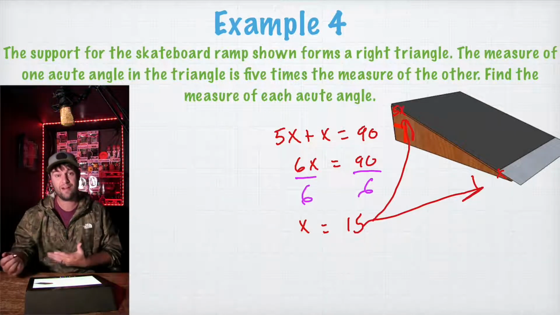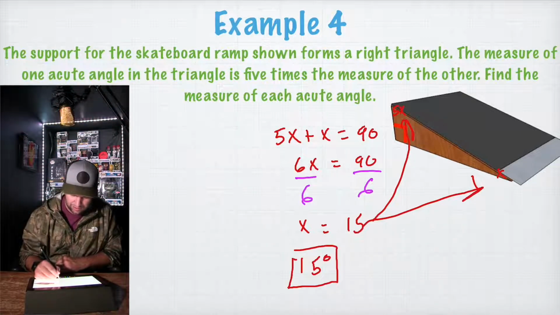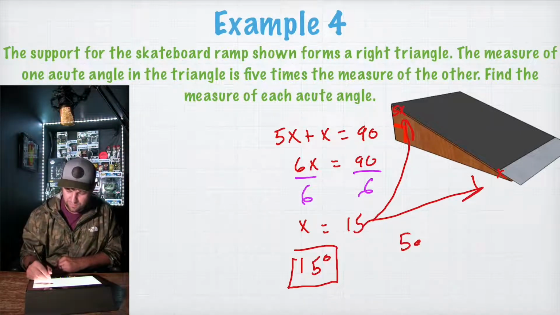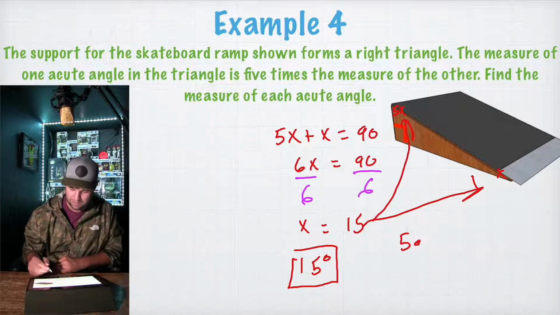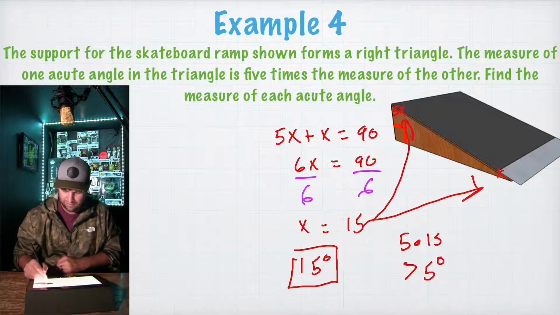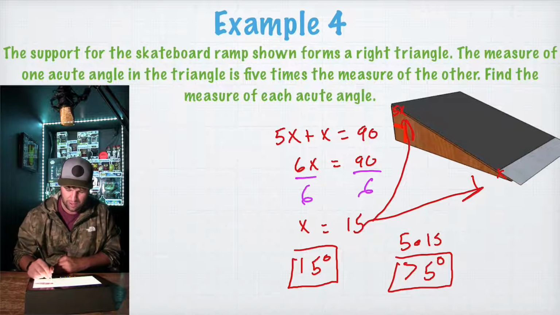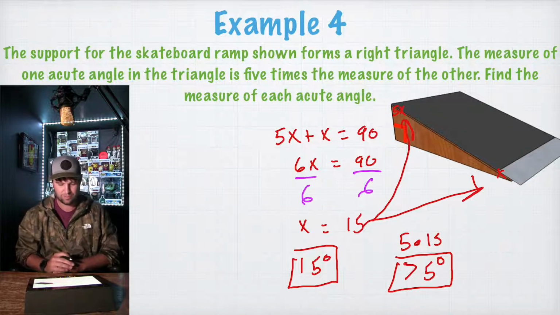Well, plugging it in for x is really easy. We know one of the angles is going to equal 15 degrees. And the other angle is just 5 times x, or 5 times 15, which is going to equal 75 degrees. So one angle measure is 15 degrees and the other is 75 degrees.